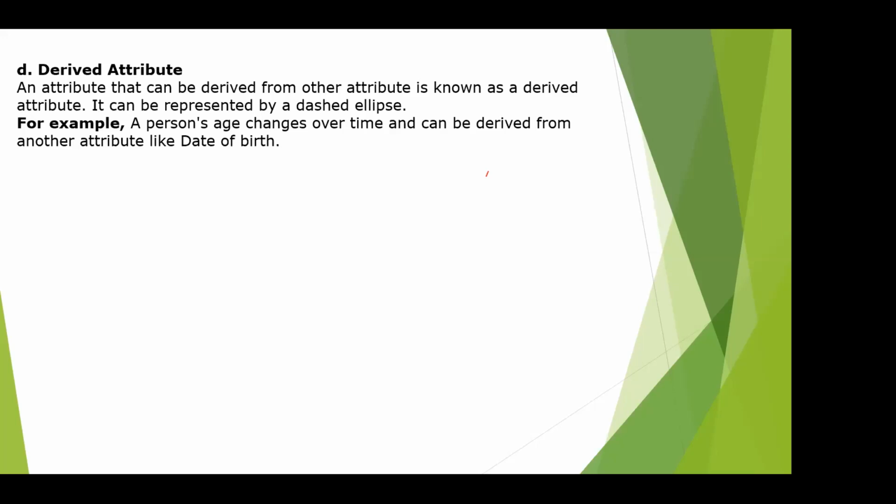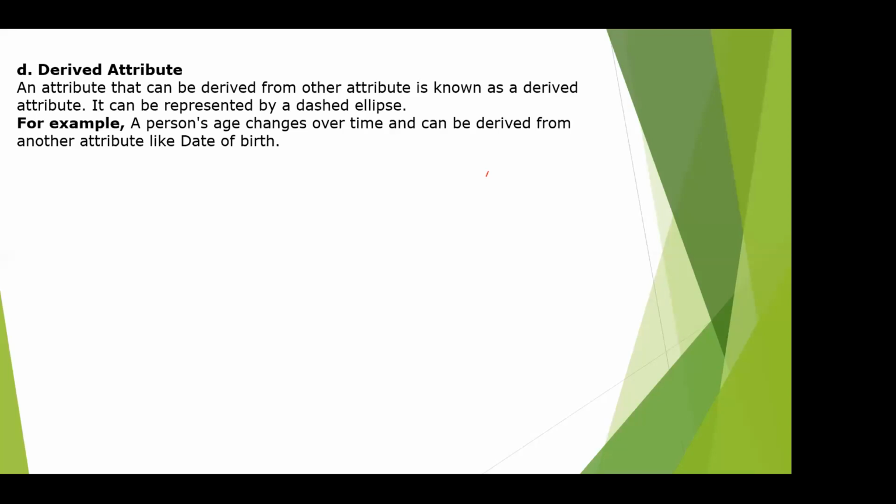This is known as the concept of inheritance. Here, based on one attribute you can get another attribute. That is known as a derived attribute. An attribute that can be derived from another attribute is known as a derived attribute.